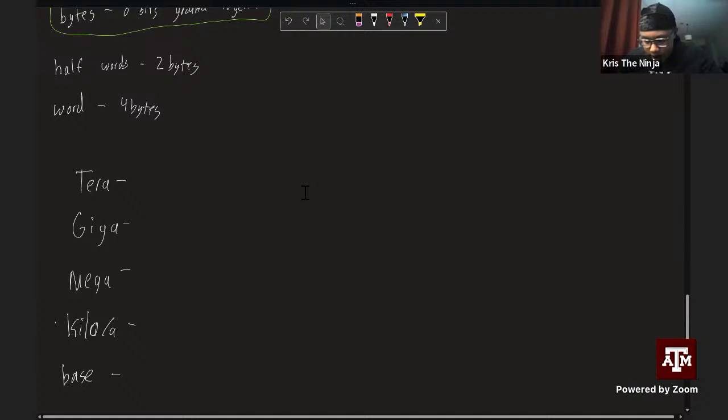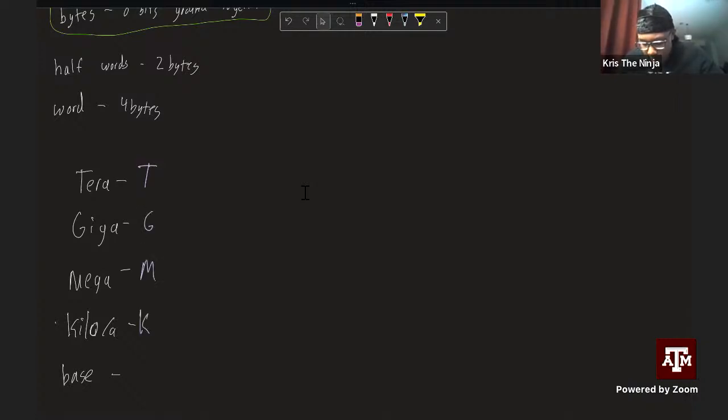So Tera is big T, Giga is big G, Mega is big M, Kilo is big K. Base has nothing, base is just normal. Nobody cares about base. Sorry, Meghan Trainor, it's not always about that bass. I'm not sorry for that joke.